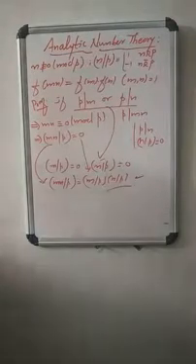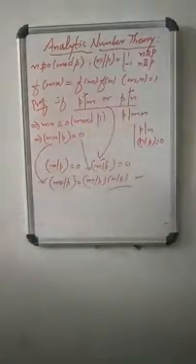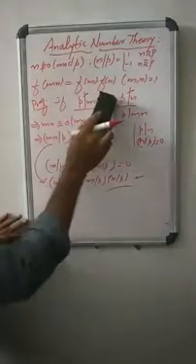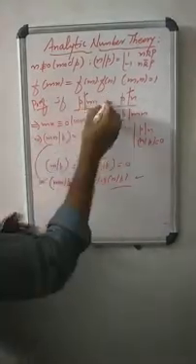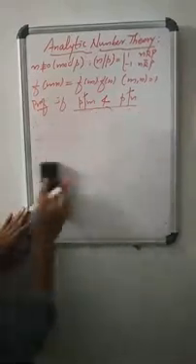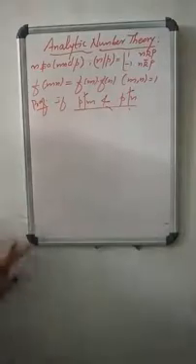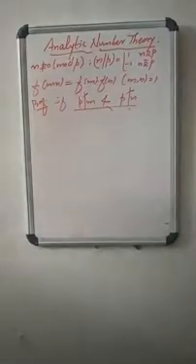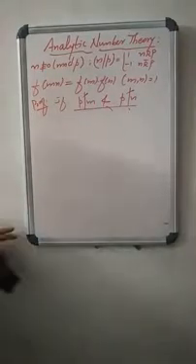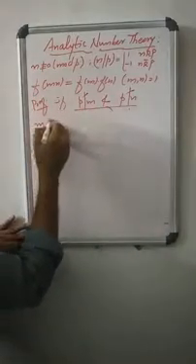Now comes the second case. If p does not divide m and p does not divide n, what happens here? p does not divide m means m is incongruent to 0 mod p, and n is also incongruent to 0 mod p.